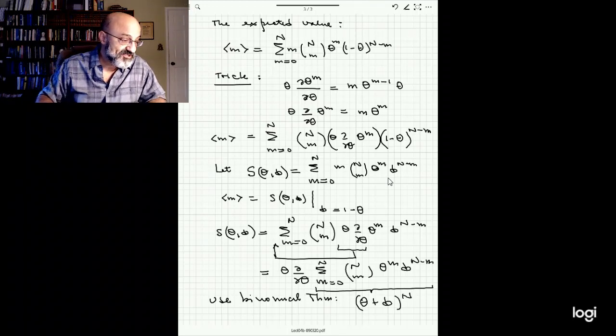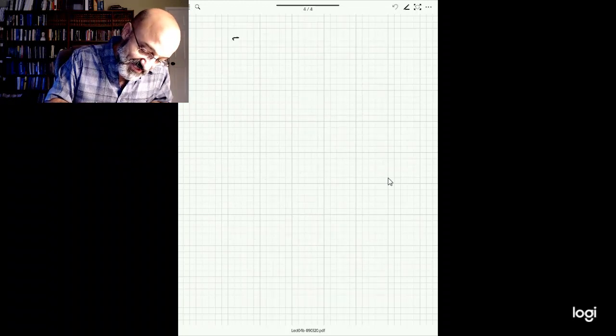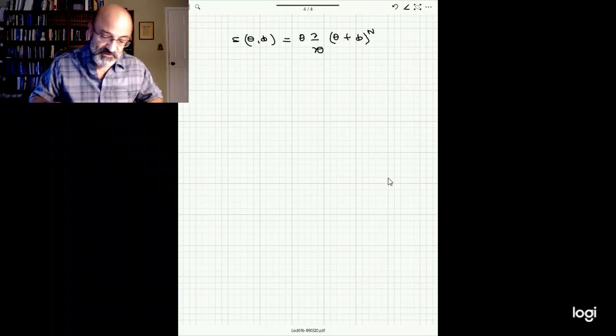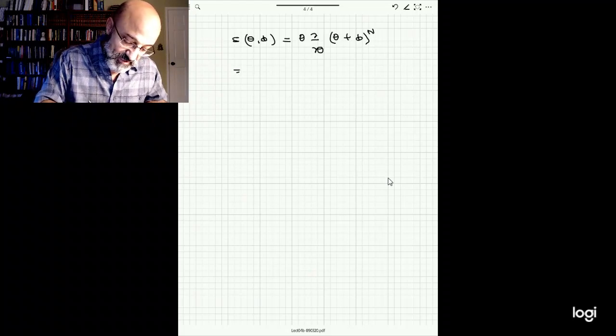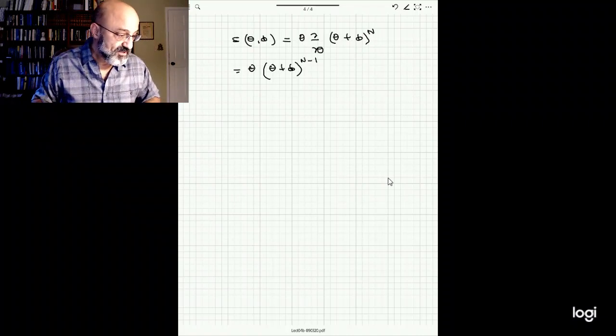So when we actually do that, we get S(theta, phi) equal to theta d/dtheta of (theta plus phi)^n. And this is something that we can compute, because we take the d/dtheta of this, it's going to be (theta plus phi) to the power n minus 1.